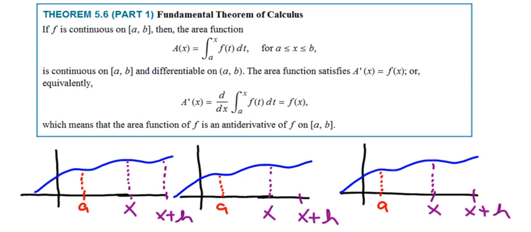But now it's saying in part 1 that if we take the derivative of the area function, or in a sense, remember, I could take the derivative of both sides of this equation, and the derivative of A would be A prime is equal to the derivative of the integral. And it turns out, if I'm taking the integral, which is the antiderivative, if I take the derivative of the antiderivative, I should end up equaling the function itself.